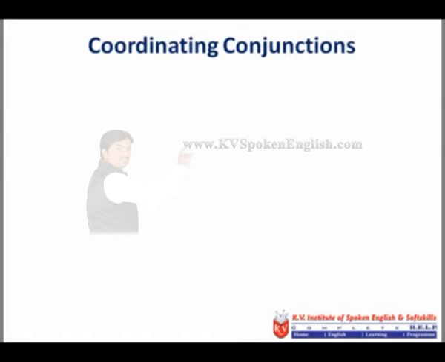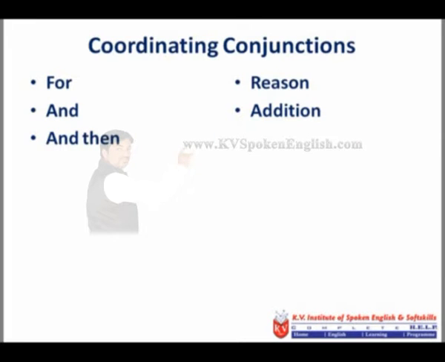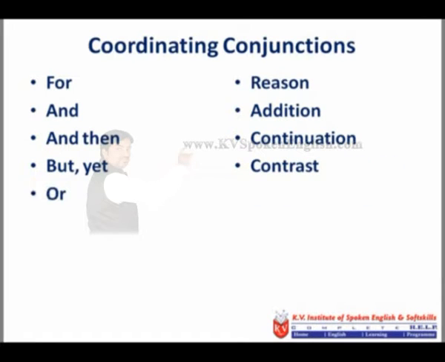There are 6 coordinating conjunctions: for, and, then, but, yet, or, so.